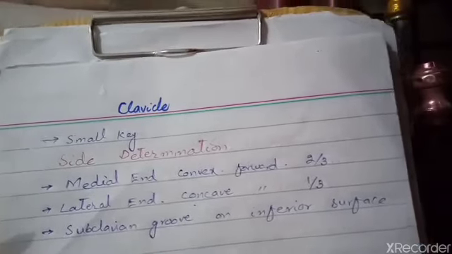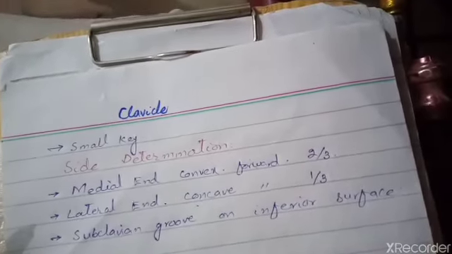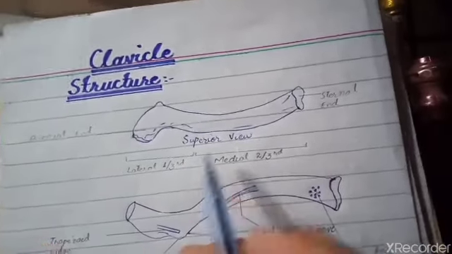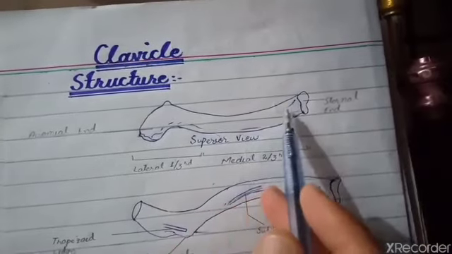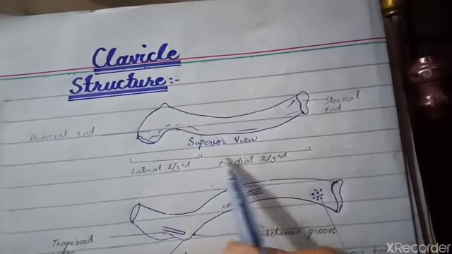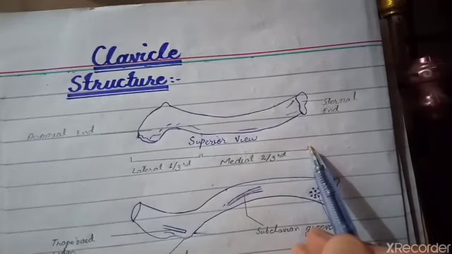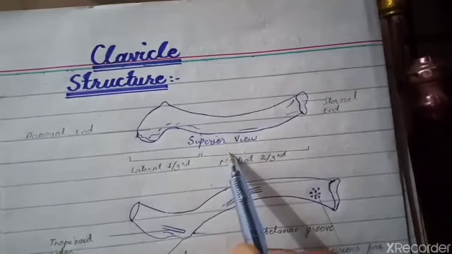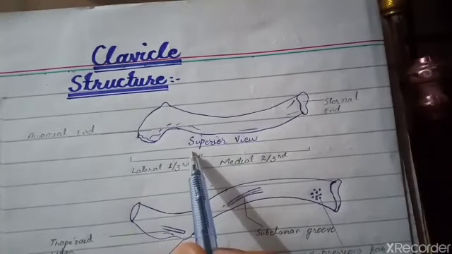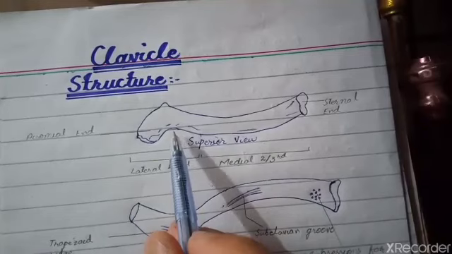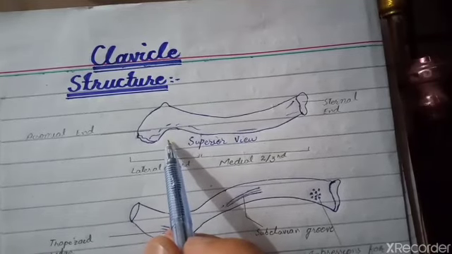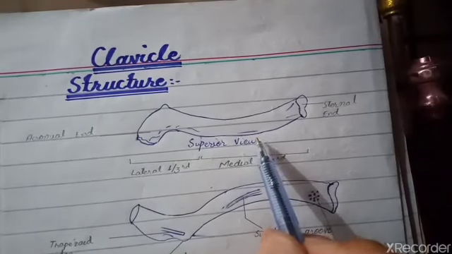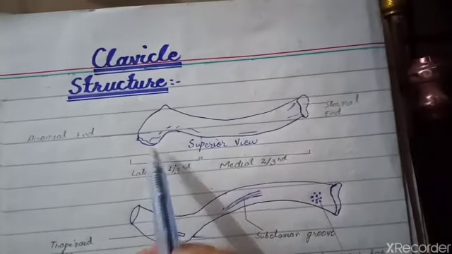And I am showing here a rough diagram of the clavicle. Look, this is the anterior view of the clavicle, and this one is the 2/3 medial part, and you can see that this is convex forward, and this is the lateral 1/3, which is concave forward.